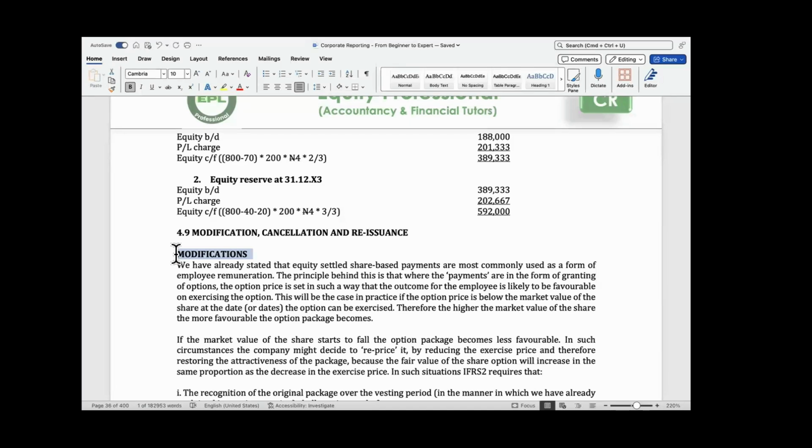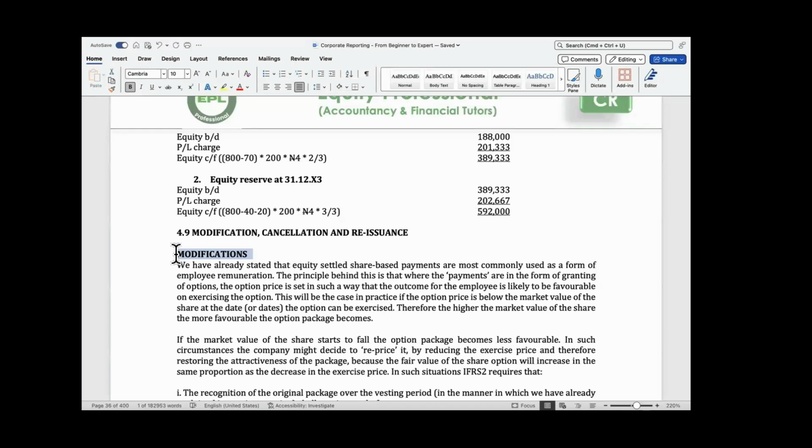So what we expect the company to do is that the entity should reprice by reducing the exercise price. If the exercise price promised initially is 2 naira, and they saw that the share price of the company is falling, the only way they can make it attractive is to further reduce how much the employee will be required to pay at vesting date, which is the exercise price.